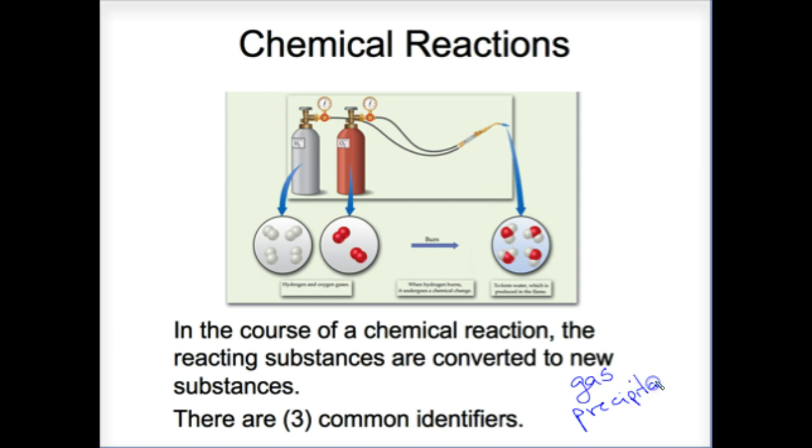Remember from your freshman year, precipitates are substances that, when you mix two solutions together, you have something solid that floats to the top or sinks to the bottom, but there was nothing solid in the solutions before you mixed them. And then the last thing is we associate a color change with a chemical change. So if I had a clear solution and a clear yellow solution and I suddenly get something dark red, that's a color change. Something's present that wasn't there before.